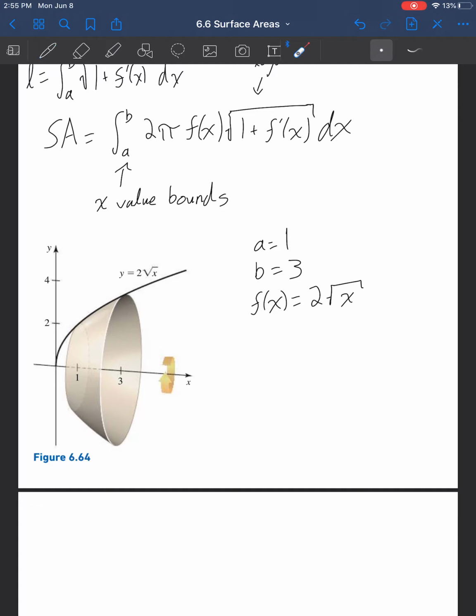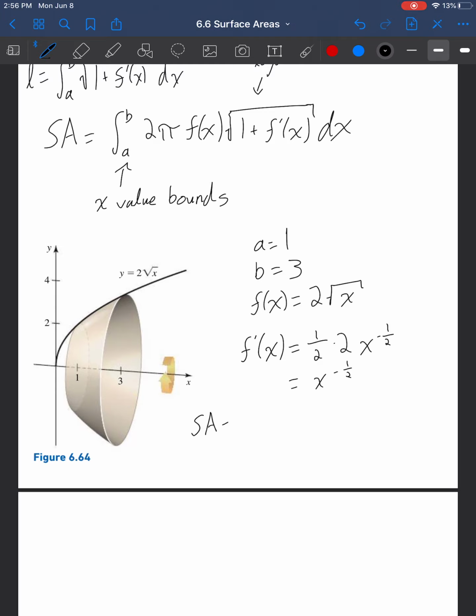If we look at the surface area formula, we have most of the parts. We have the bounds of our integral. 2 pi is given. We know what our f of x is. The only thing we don't know in the formula is f prime of x. So f prime of x, the derivative of 2 times x to the 1/2, is 1/2 times 2 times x to the negative 1/2. Negative 1/2 comes from 1/2 minus 1.